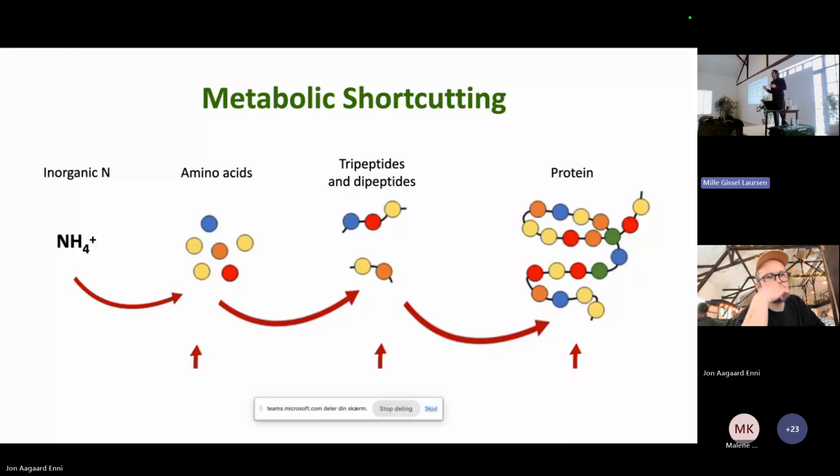And so this is called metabolic shortcutting, or we are shortcutting the metabolic pathway and delivering nitrogen in an already organic, closer to the end game form, which preserves the plant's energy so it can use that energy for more biomass growth, more production. So really that's the essence of this idea of the nitrogen utilization efficiency.